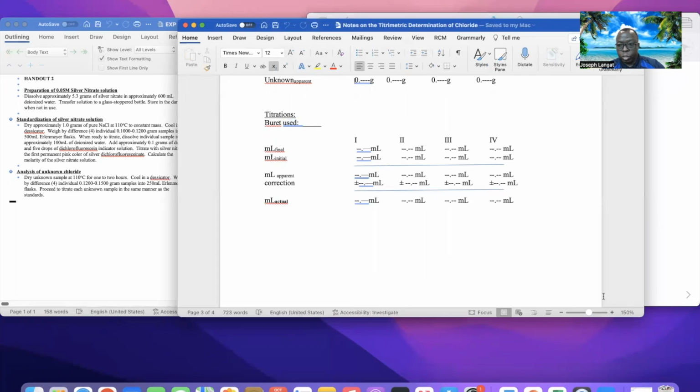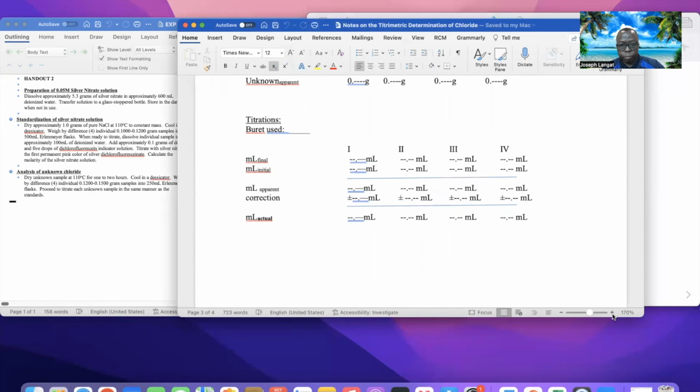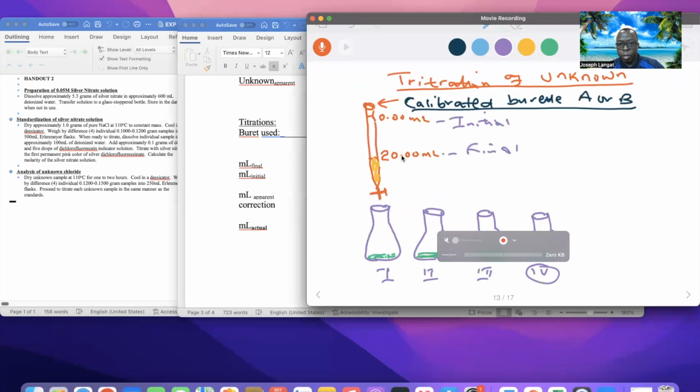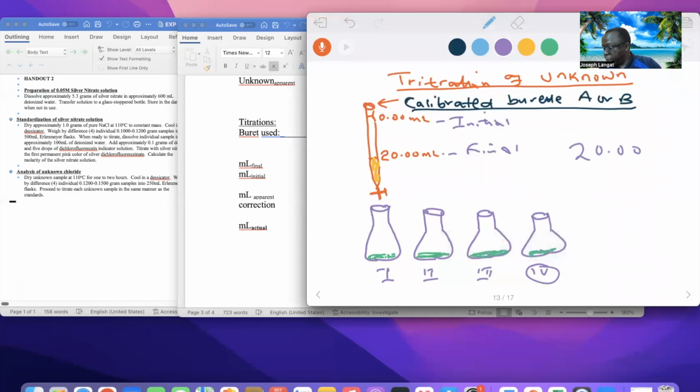Pay attention to the apparent volume. In this case, apparent volume is final minus initial: 20.00 mL minus 0.00 mL gives 20.00 mL. So this is the apparent volume.